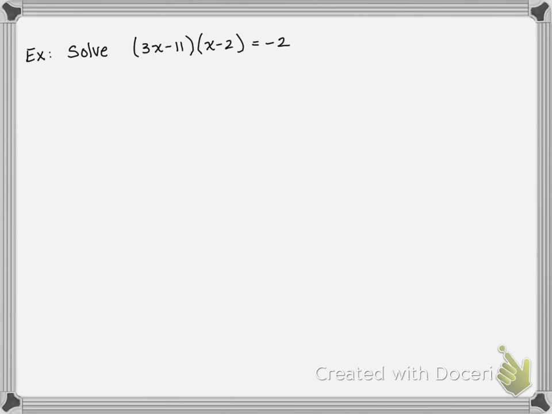How? Add 2. Yeah, we'll add 2 to both sides. Now what? We need to factor so we only have multiplication on one side.